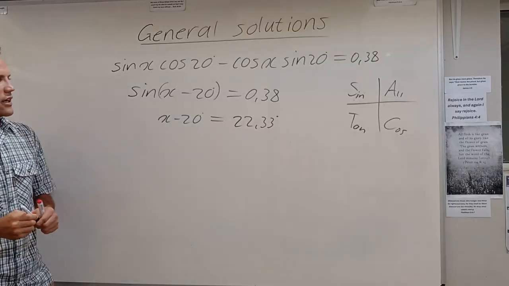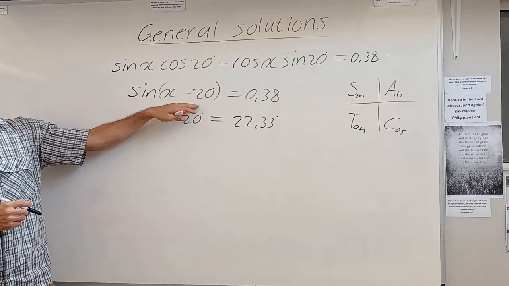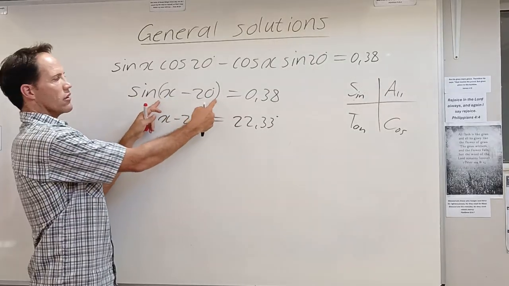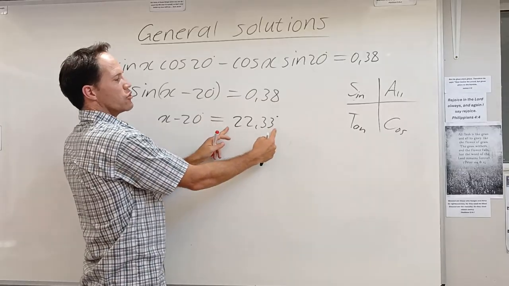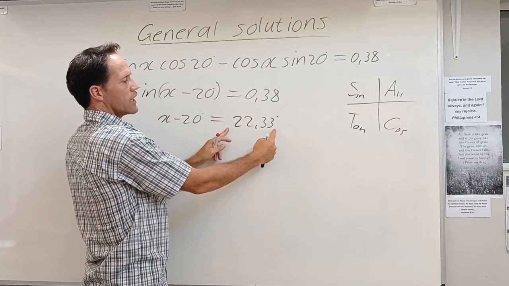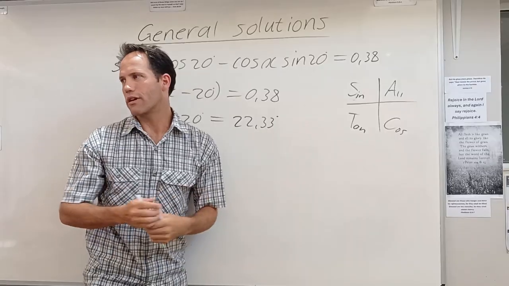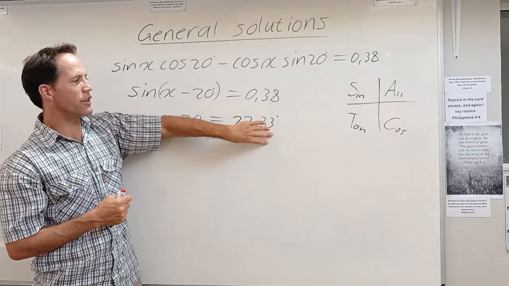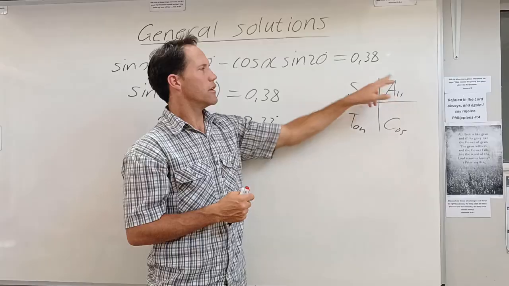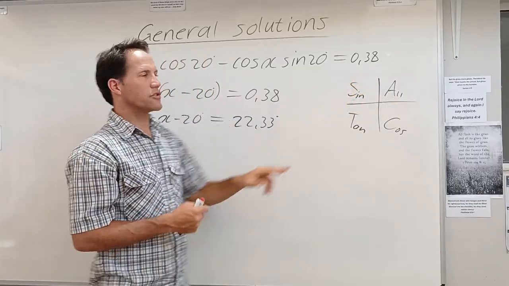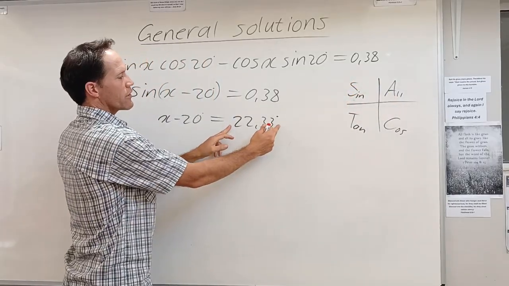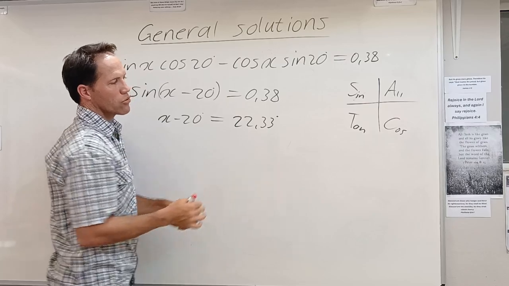So we're going to say the angle x minus 20, because this is my angle, must be equal to 22.33, or it must be equal to 180 minus 22.33. Because this is like my theta now. Theta, 180 minus theta. So the angle must be 22.33 or 180 minus 22.33.